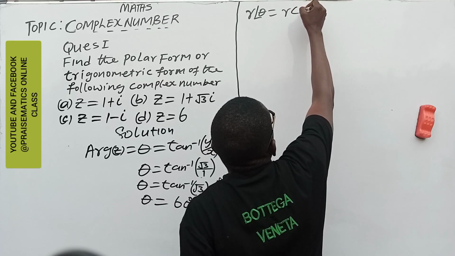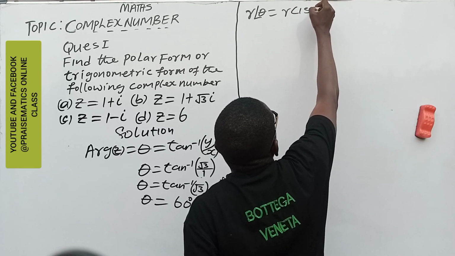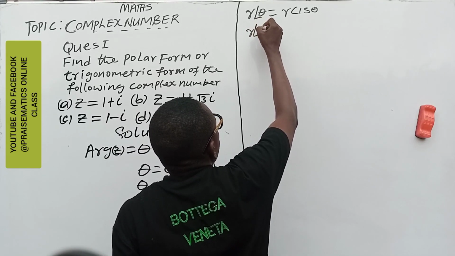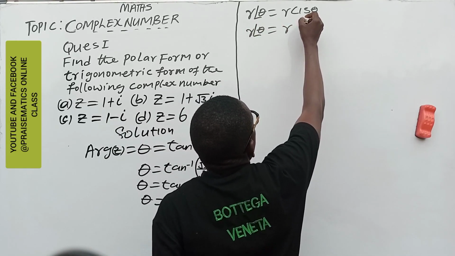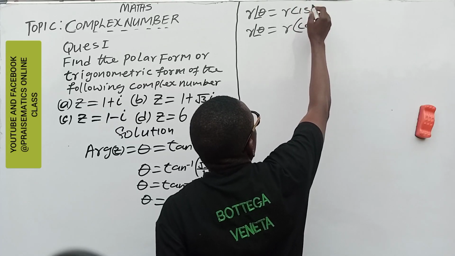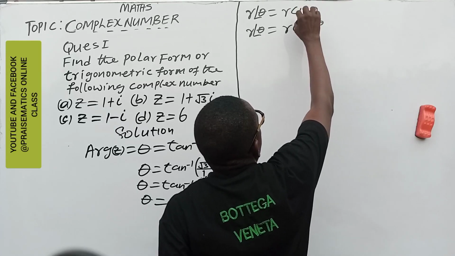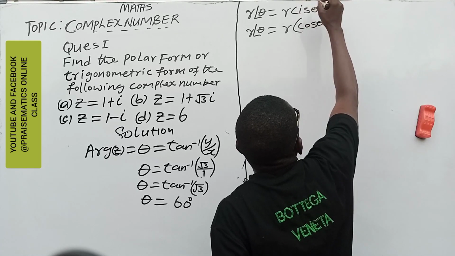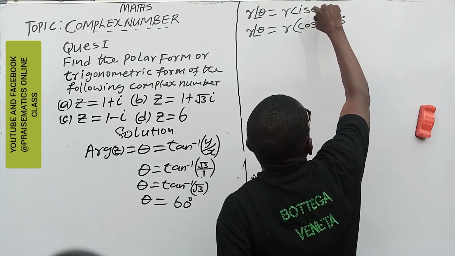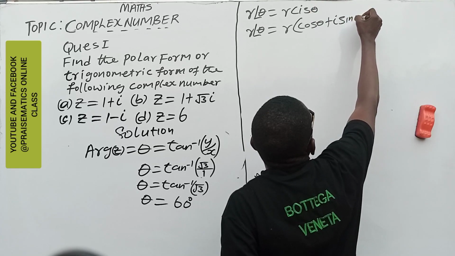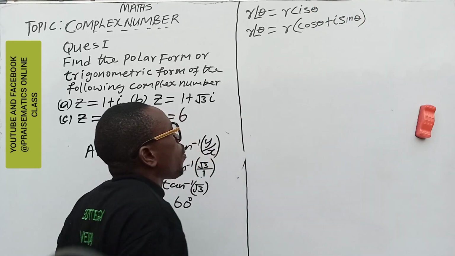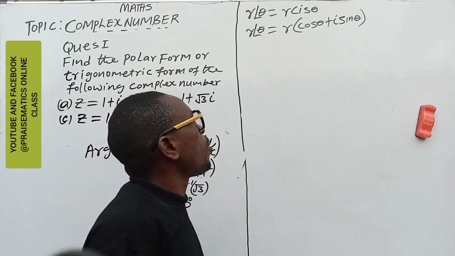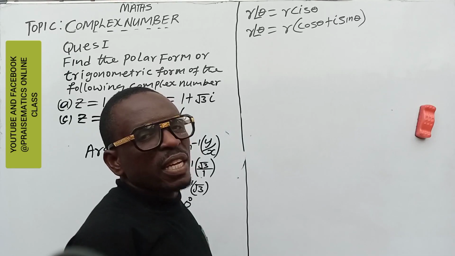What does it mean? It means r theta is equal to r into cos theta plus i sine theta. C is for cos, i is the plus i here, and s is for sine. So the short formula for the polar form of a complex number is what we call r cis theta.